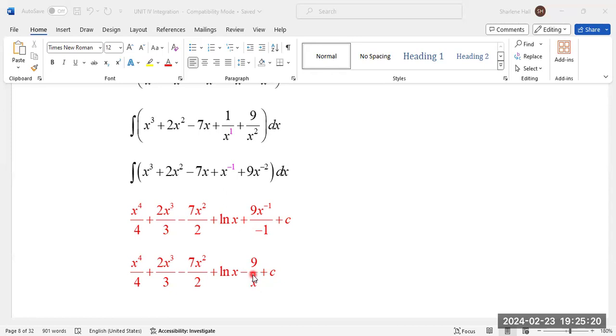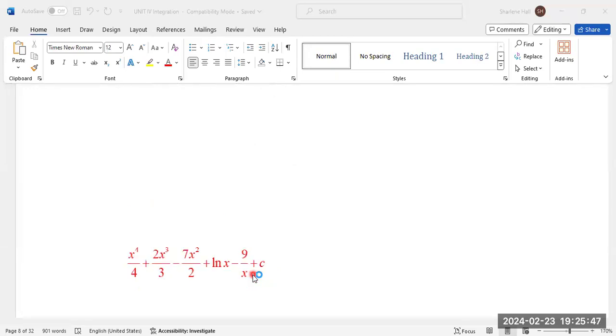The ln only comes in when you have x raised to the first power in the denominator, or when you convert it and have x to the minus 1. If x is raised to any other number other than 1 in the denominator, it is not a ln function. So you have to be able to identify when you're going to have your ln functions.